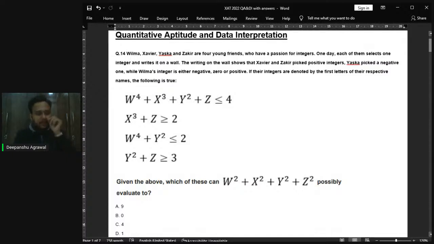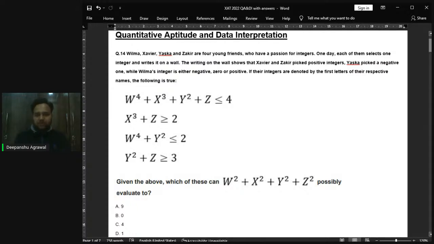It says W, X, Y, and Z. Let's not take the full name. W, X, Y, and Z have the passion for integers, right? So it is given that all of them will select an integer. One day each of them selects one integer and writes it on a wall. The writing on the wall shows that Xavier and Zakir picked the positive integer.